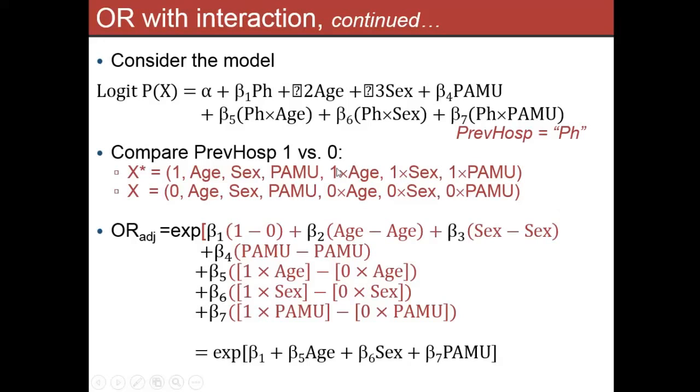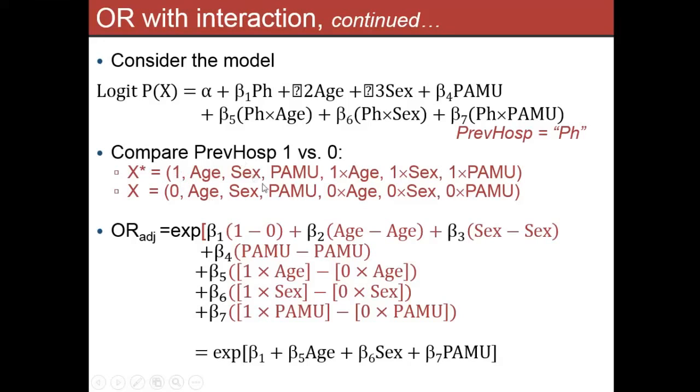Well, what's the odds ratio now for the exposure? How do you compare exposed and unexposed with a really complicated model? Well, this is how you do it. You line up all your x's again. You have seven x terms in your model. And you say, okay, exposed, unexposed, that's still true. We're going to make this comparison.